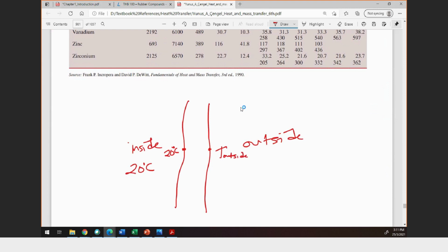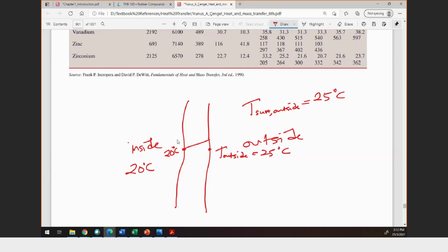We assume the surrounding outside is at a normal temperature of 25 degrees Celsius, so this side is close to 25 degrees Celsius.